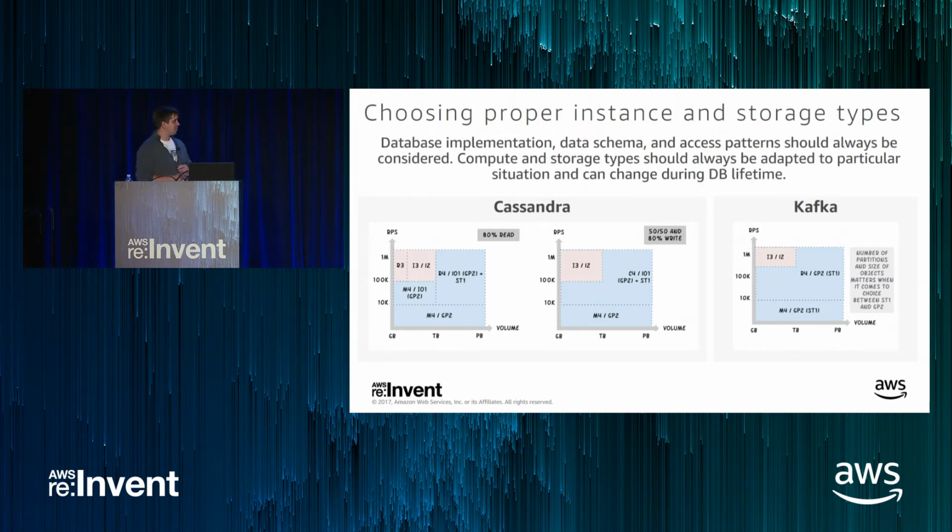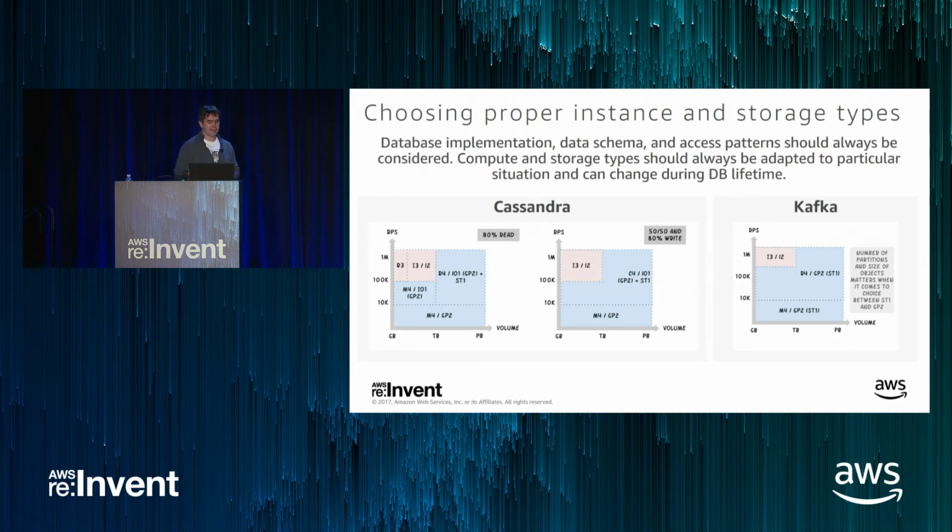For Cassandra workloads, we have a benchmark here which has two axes. The first axis is requests per second, and the second one is volume. If you look at these diagrams, if you have a general workload with any amount of data and not really high RPS, you can go with IM4s and GP2s as the volumes.